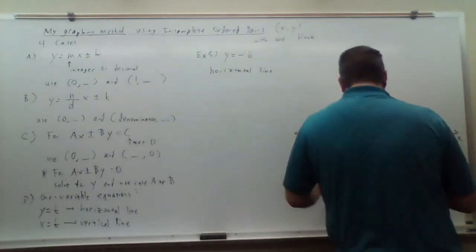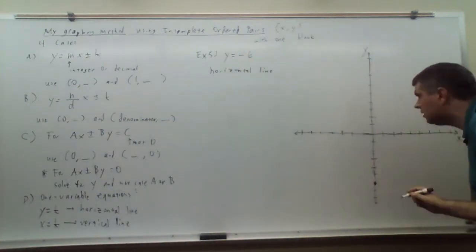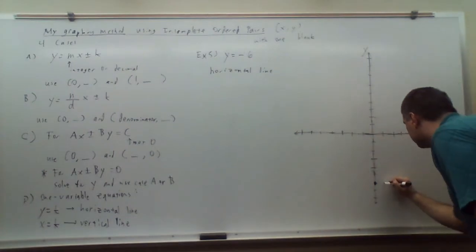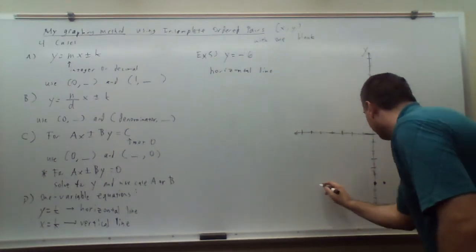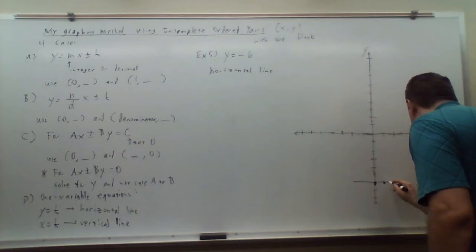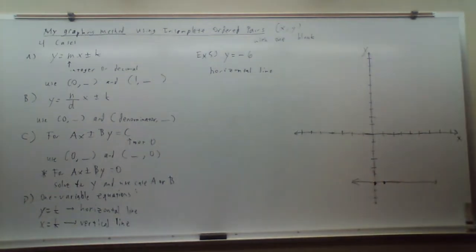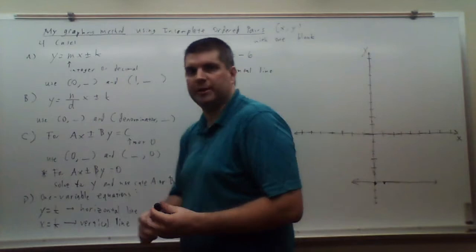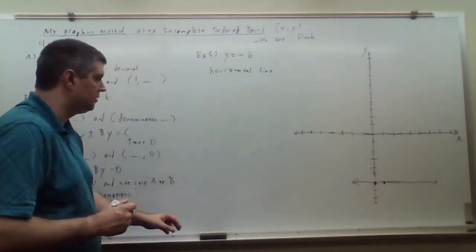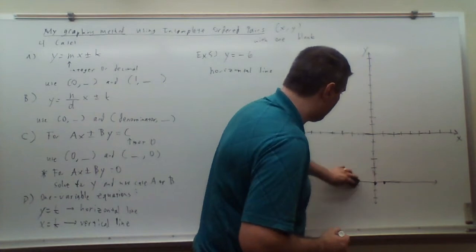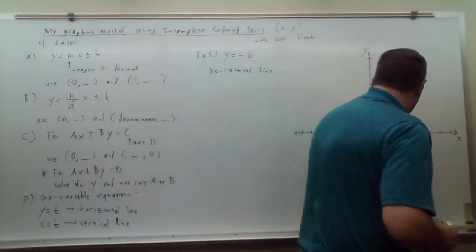So if x equals 0, y is negative 6. If x equals 1, y is still negative 6. So that's it. That's all there is to it. Let me get it off the board. I'll just go ahead and erase it. This shouldn't take very long.